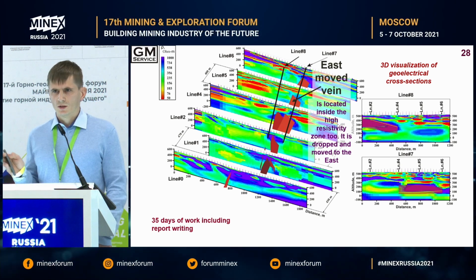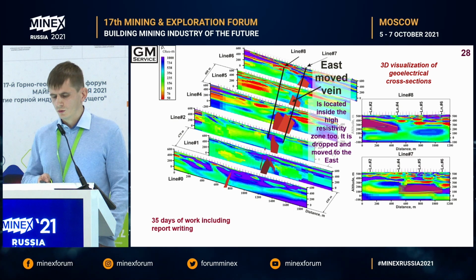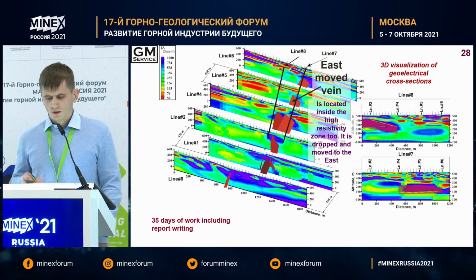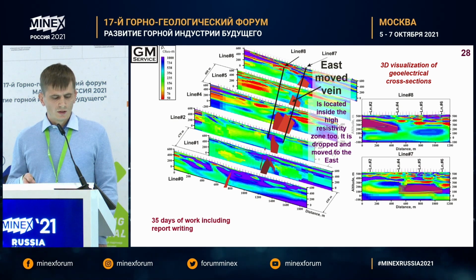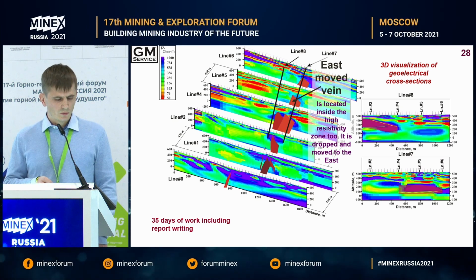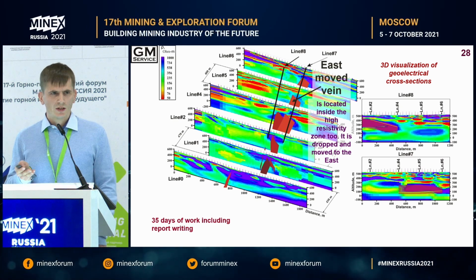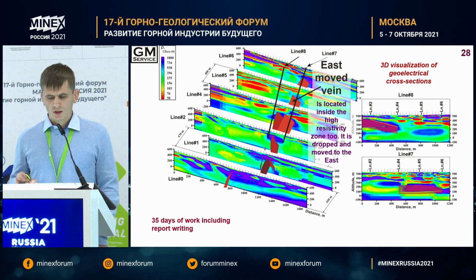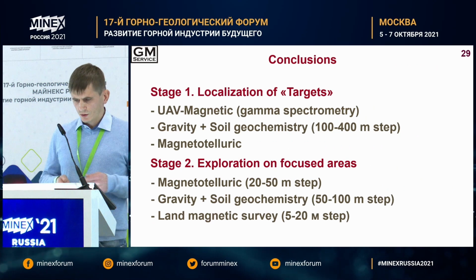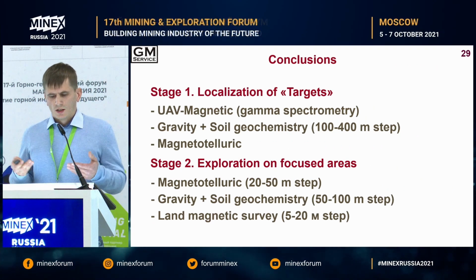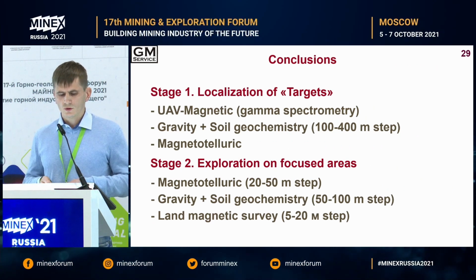And the forecast was proven in 6 months. And here is the area of the isolator. Here is the second portion of this vein. We carried out this work through 35 days and prepared a report. And now this ore is being taken to the processing factory.